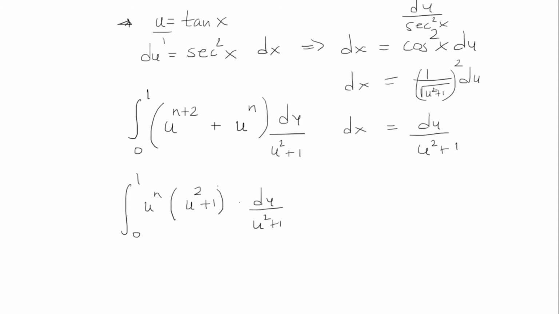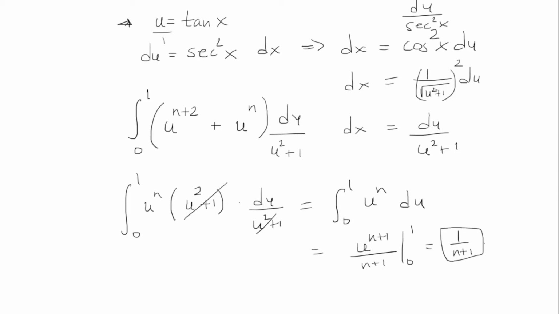The nice thing is the u squared plus 1 will cancel, and so we'll have the integral from 0 to 1 of u to the n du. So we'll do the power rule. Antiderivative is u to the n plus 1 over n plus 1. We'll evaluate it from 0 to 1, and so we get 1 over n plus 1. Okay, so this part is complete.